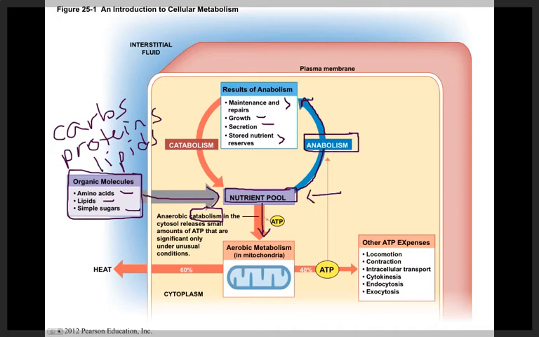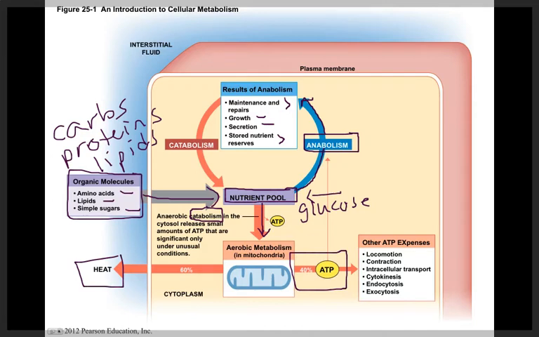So if we take glucose and were to break glucose down into smaller and smaller molecules, we would be able to generate energy that would provide us with ATP. So glucose, through the process of anaerobic and aerobic metabolism, would yield ATP and heat.